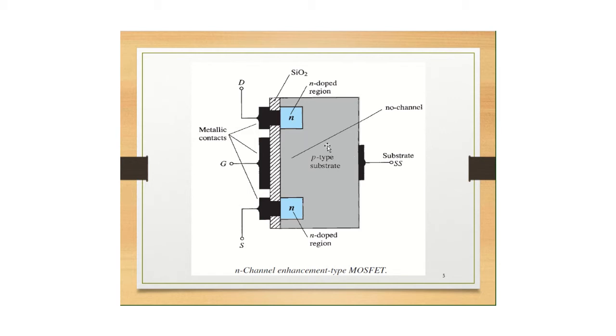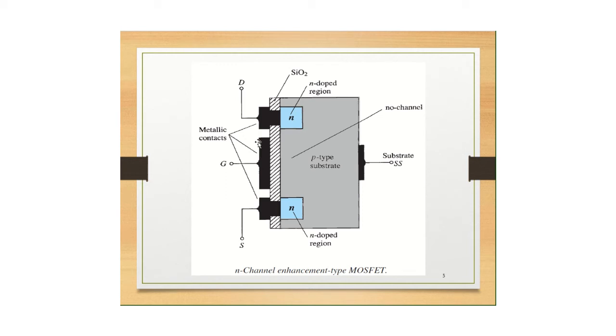Now if we make this gate terminal positive with respect to the substrate, and as I mentioned, the substrate will be connected to the source, you can imagine the working of this whole setup as a capacitor.